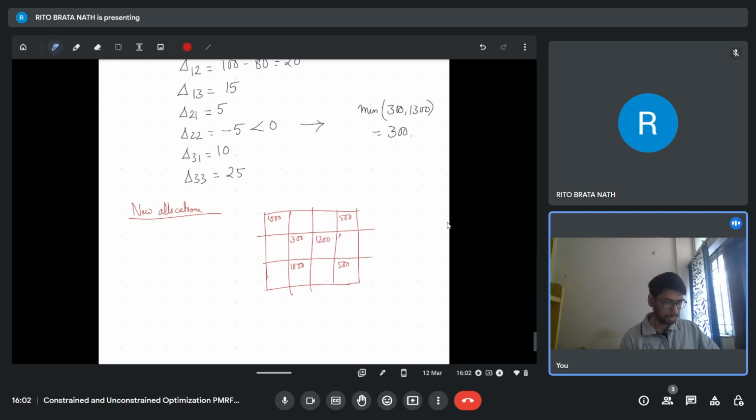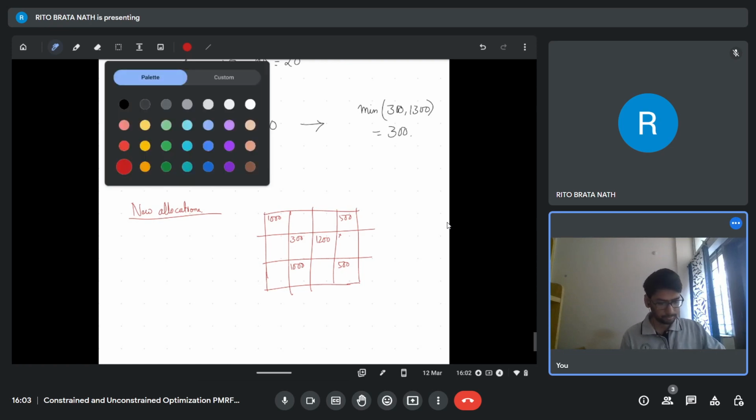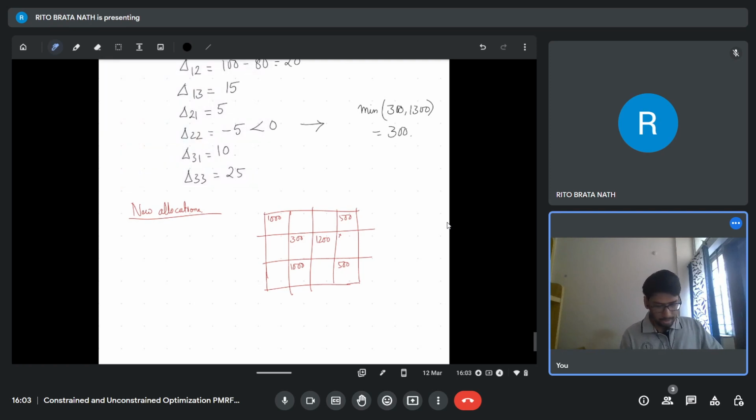So what you have to do is calculate these Ui and Vj for the occupied cells again, right? So again, what you can do, let me do that.